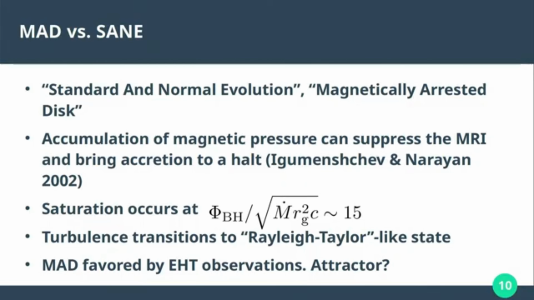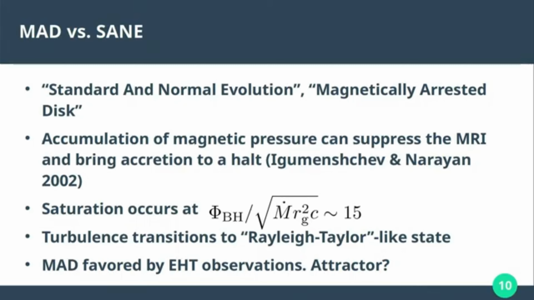So if you let water fall onto the oil, the oil will try to go up by buoyancy. One will form a lot of eruptions or bubbles, in this case of magnetic flux. Saturation happens at a critical value that depends on the mass accretion rate.